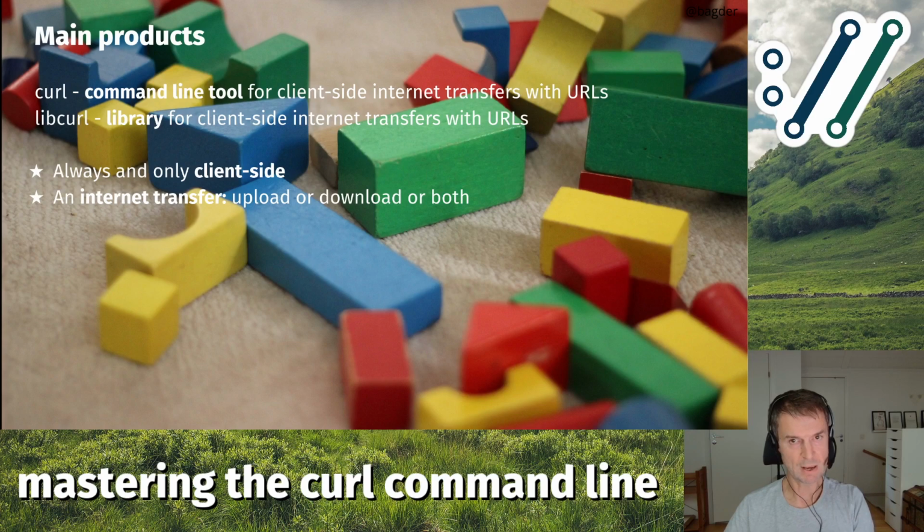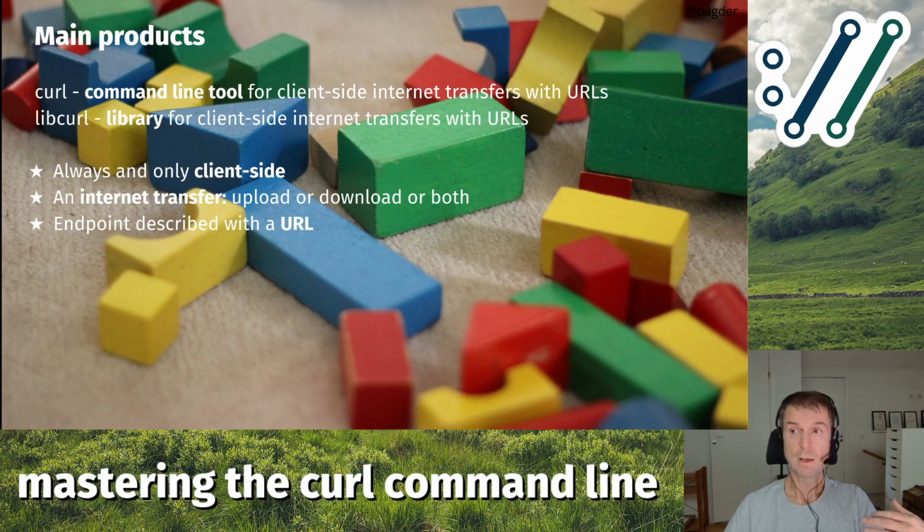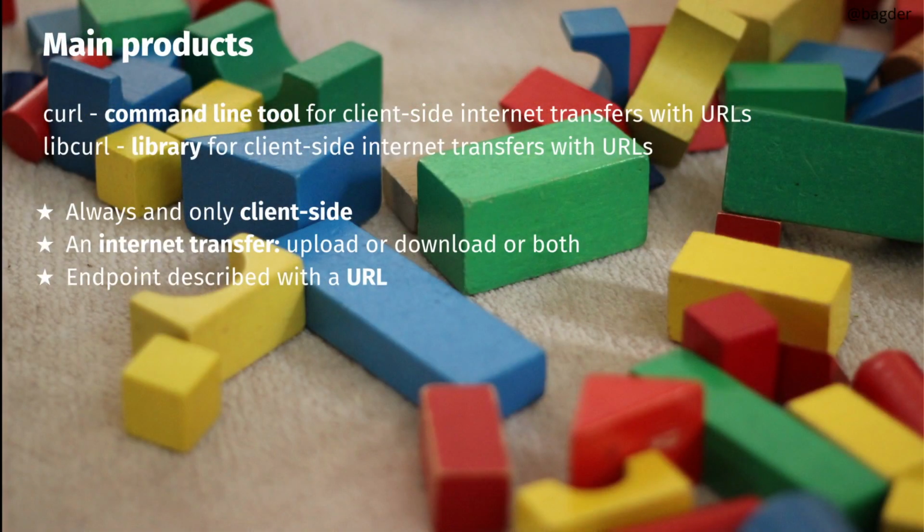They're supposed to be upload or download or both, but if they're not strictly upload or download, that's probably not curl material. And of course, they should talk about an endpoint specified as a URL, and then a URL should be a standard or a semi-standard or at least an attempted standard to exist. The syntax.